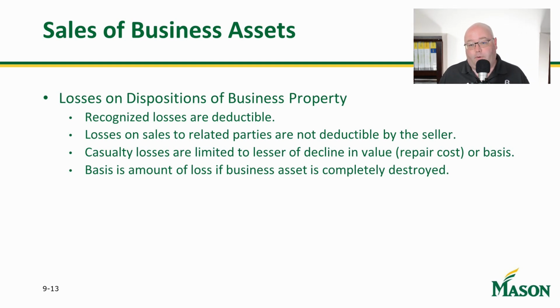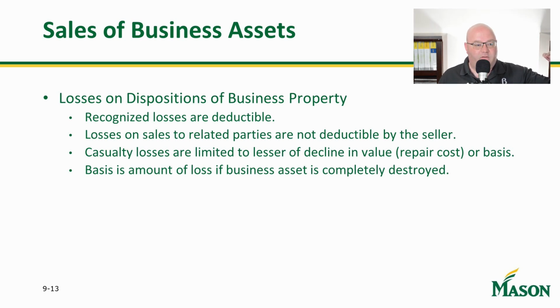So for example, say I pay $200,000 for something, we'll say it's a land and building, and we'll say it's in the middle of nowhere, so $200,000 is reasonable. Fair market value is $400,000 ten years later. A hurricane blows through and wipes out the building.